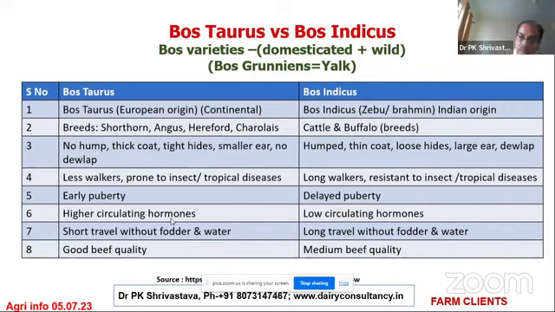Why was it not given to those animals, the A1 animals? Their puberty is early because these animals are in the winter, I mean cold area. They become adult early. In our Indian conditions, delayed puberty is there.